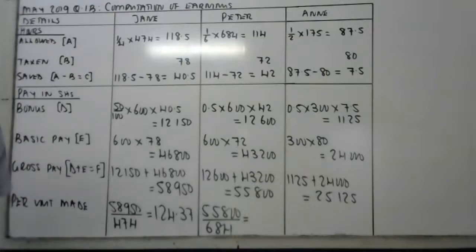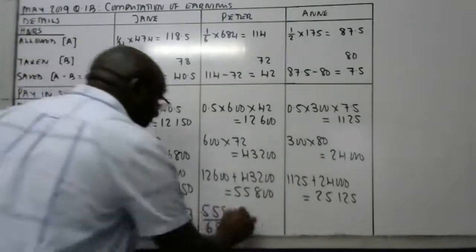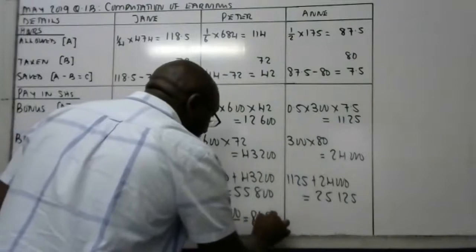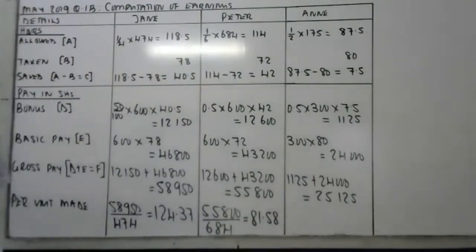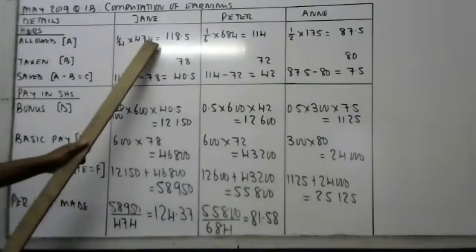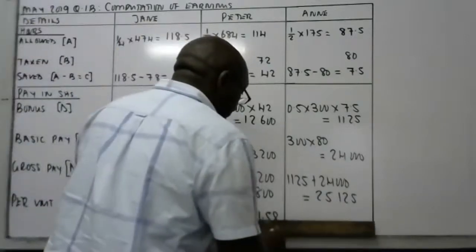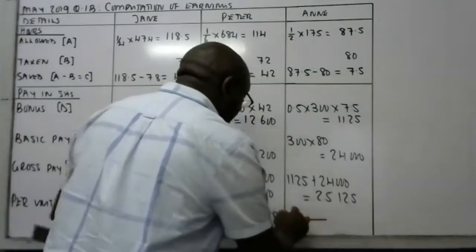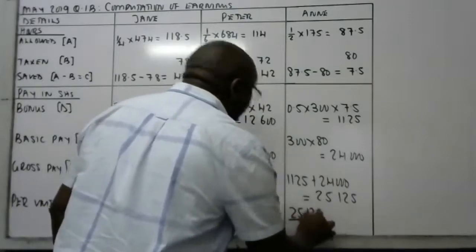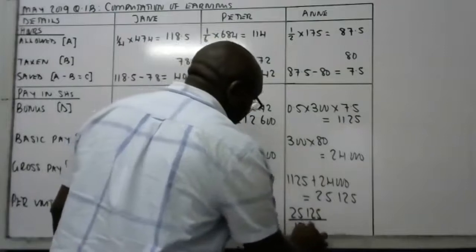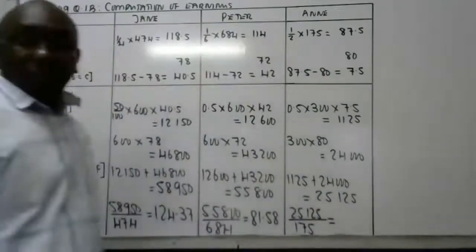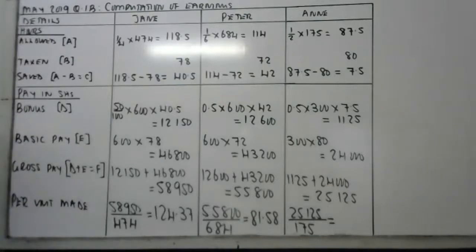So the second one, 81.57, should be 81.58. Rectify, that was a mistake. And then this other one, 25,125, you divide by 175.